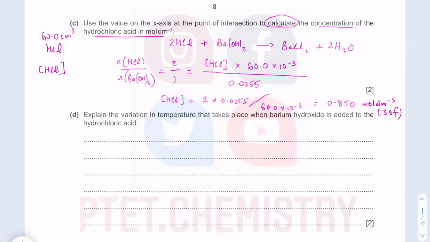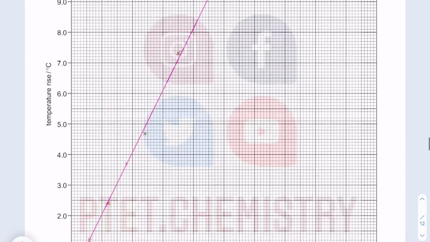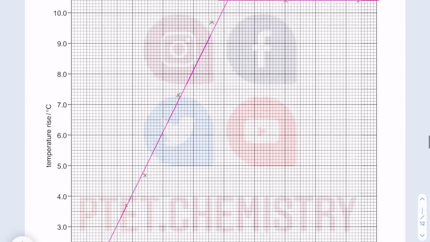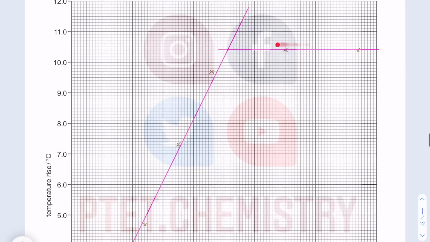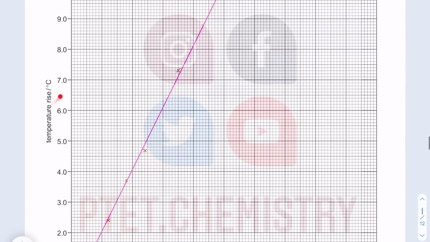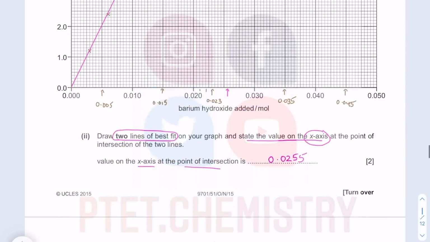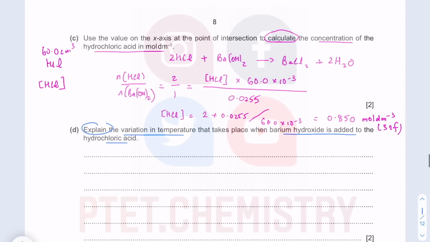Okay, so next bit, explain the variation in temperature when you add barium hydroxide to the hydrochloric acid. So the graph has 2 parts. There's the first part, and there's the second part when the temperature rise becomes constant, where there's no further change in temperature. The fact that we get a temperature rise, as I mentioned earlier, is because this is a neutralization reaction.